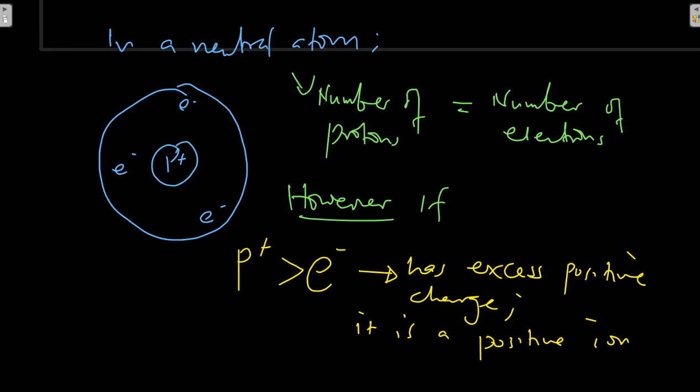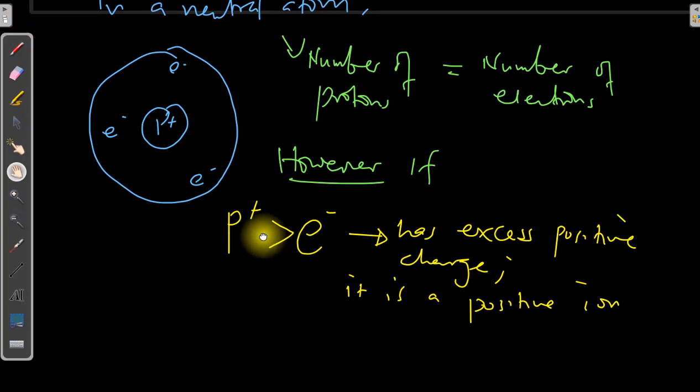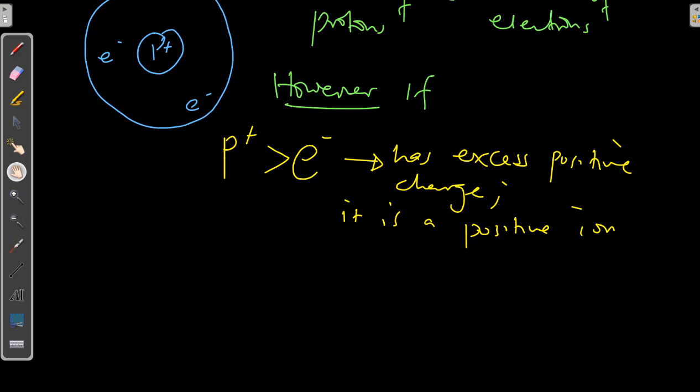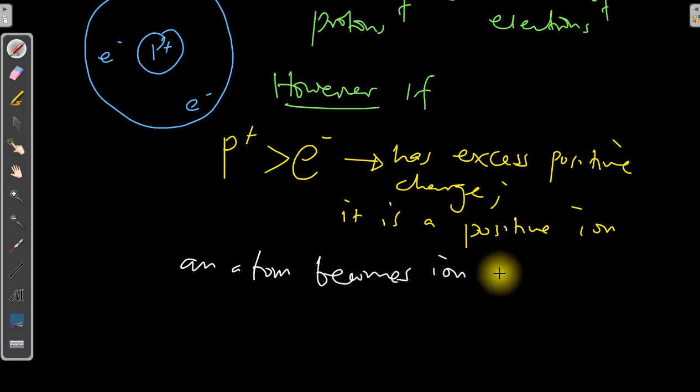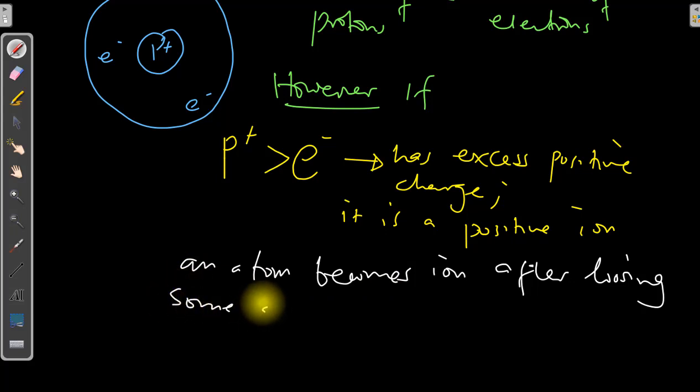So when does an atom become a positive ion? An atom becomes a positive ion after losing some of its electrons.